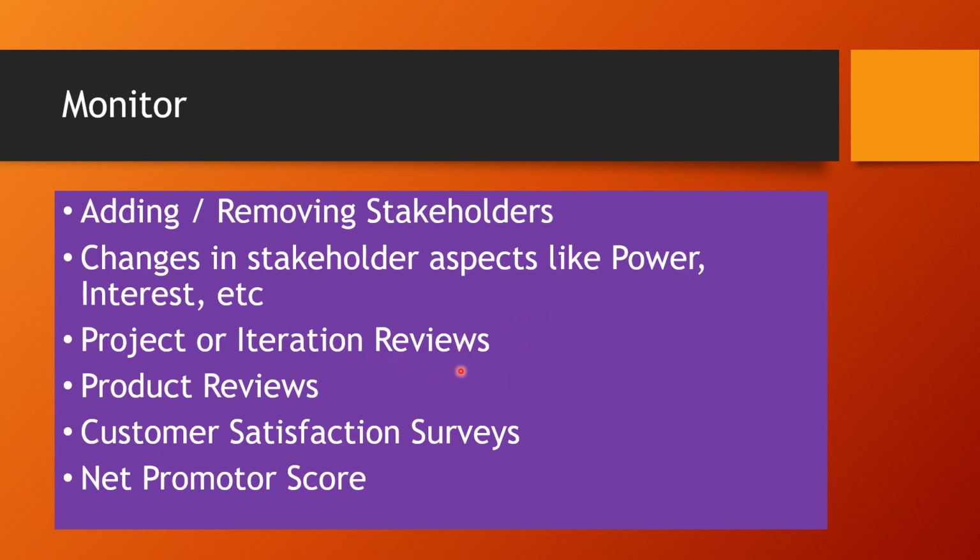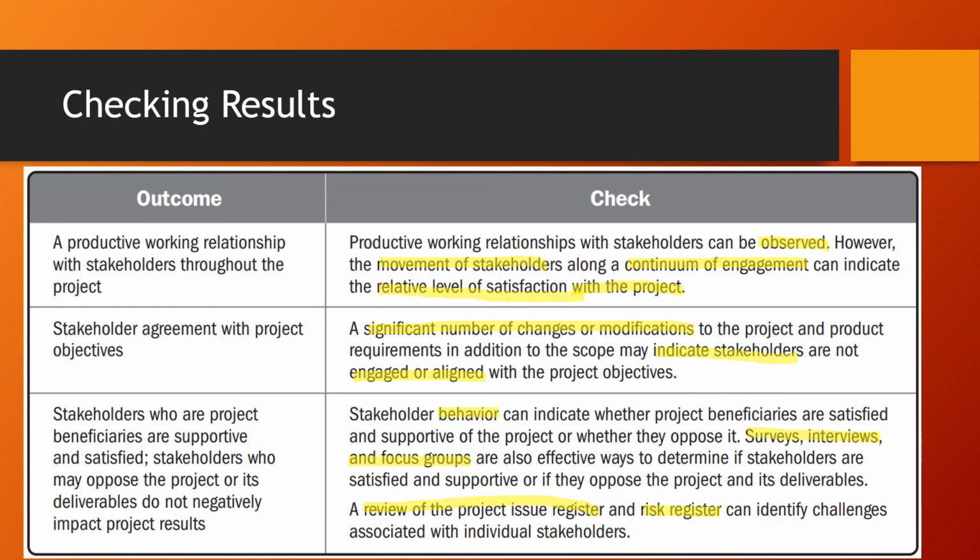Project iteration reviews and product reviews are ways in which we can monitor stakeholder influence and stakeholder aspects. Customer satisfaction surveys will give a level of engagement with the customer. Net promoter score will help you understand that relationship in the longer term. So these are the ways and means in which you can monitor your stakeholder performance domain, right?